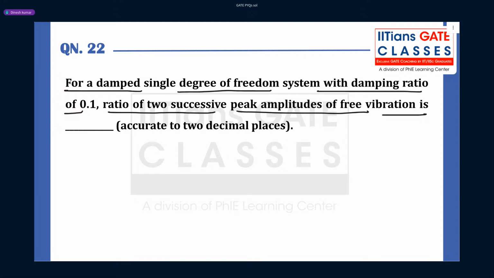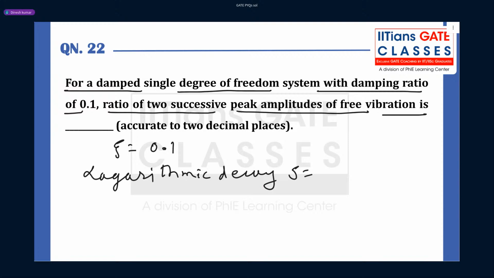I think a similar question was there in the last session also, right? They have given damping ratio zeta as 0.1 here, and we know the logarithmic decay, delta, is nothing but the ln of the ratio of two successive amplitudes.